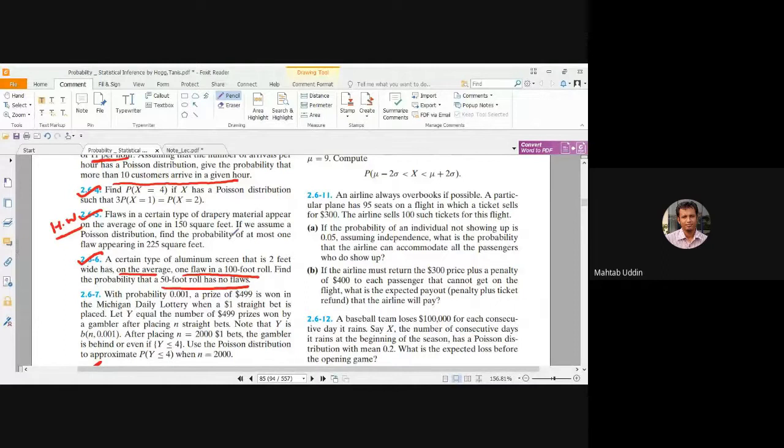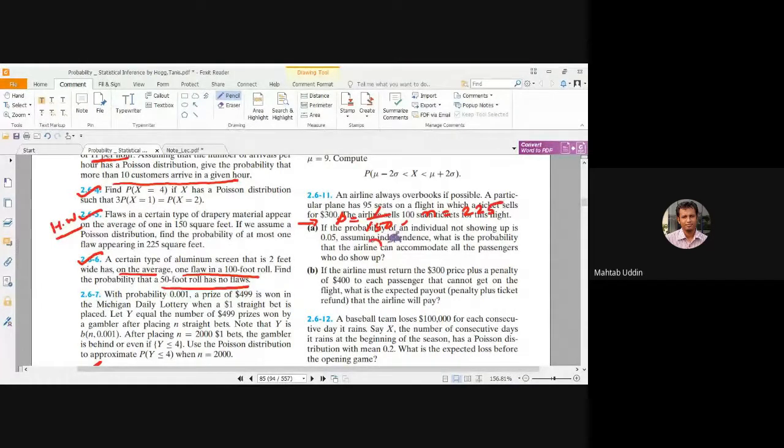Okay. Similarly, it is actually the same. Flaws in a certain type of drapery material appear on average 1 in 150 square feet. I am giving instruction for number 5. Here they said p equal to 1 by 150 and n is given as 225 square feet.